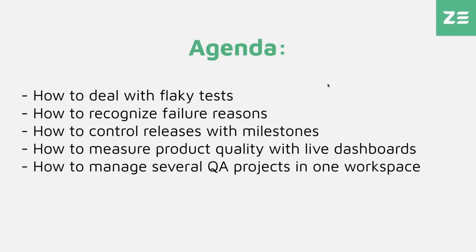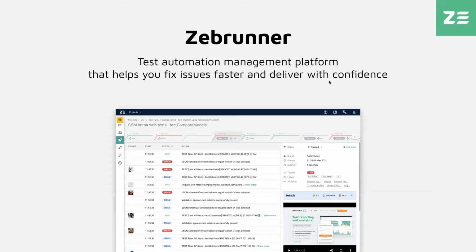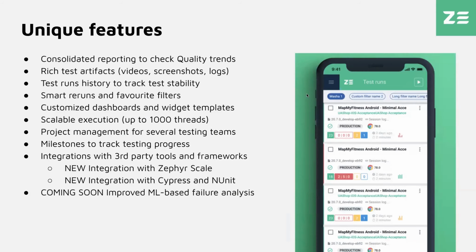For now, I just wanted to tell you a few words about Zebrunner itself. Zebrunner is a full-scale test automation management platform that helps you fix issues faster and deliver with confidence and high quality, thanks to its valuable features. One of them is consolidated reporting to check quality trends.